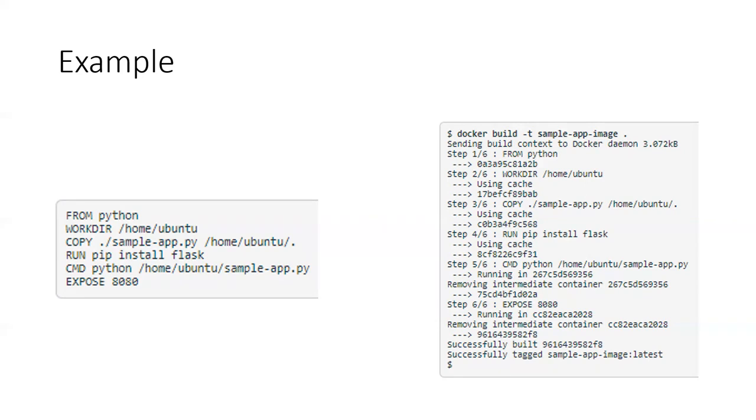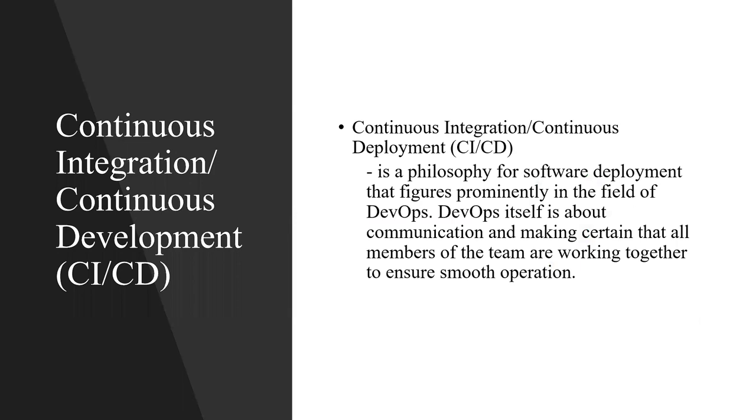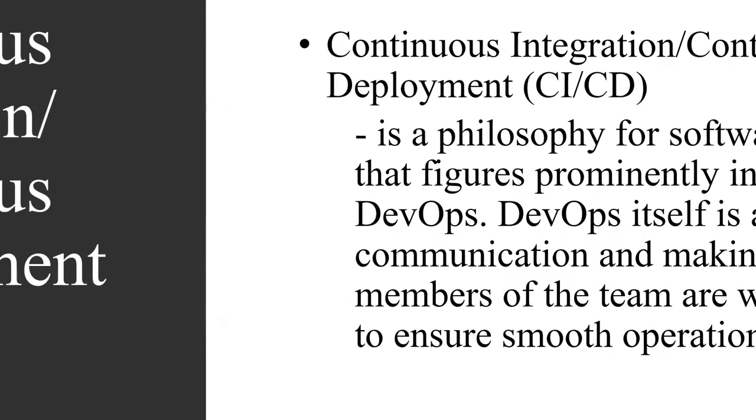All right, for the next one, as you may recall, there are four different environments in a typical workflow: development, testing, staging, and production, which was discussed in the previous video.